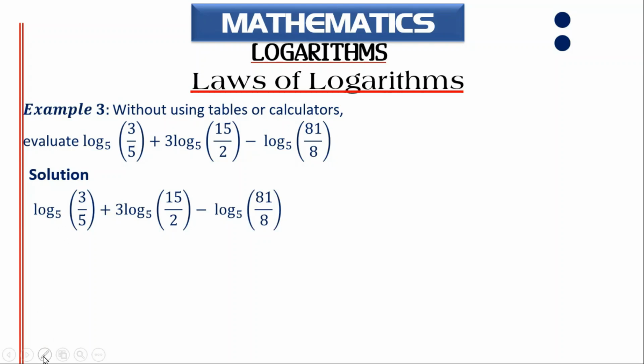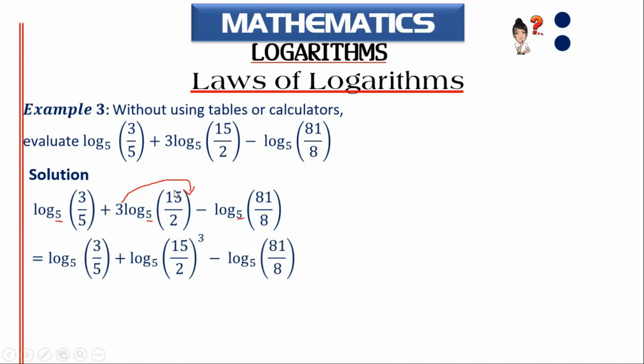We know that all of them are the same base, meaning that we can apply the law straight up. The only thing we have to be very careful about is that once a number is behind, we have to check it out. That number, as usual, is coming to the front according to our law that we've established so far, which tells us that this will become the power of the value here.